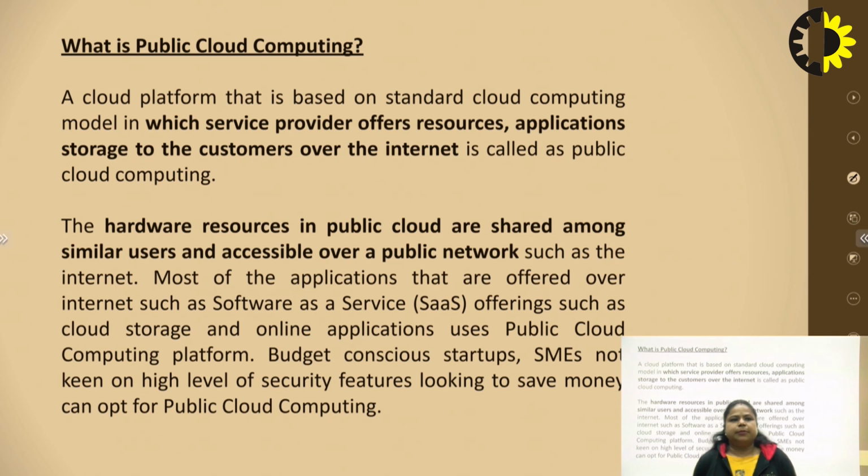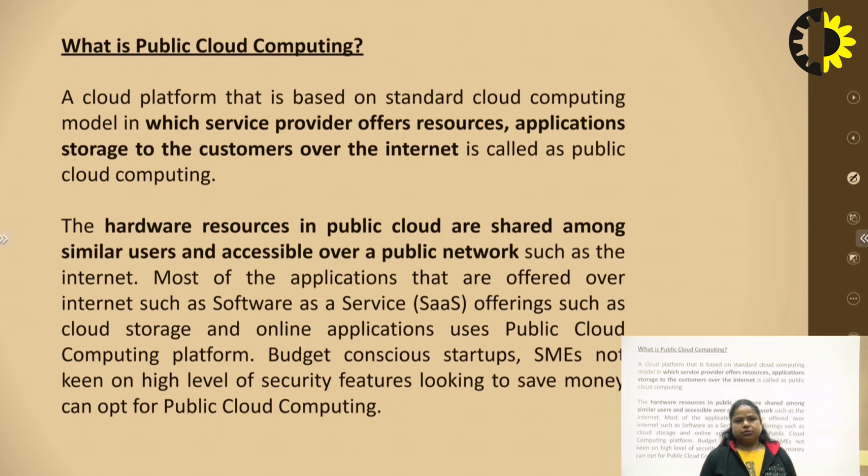As we all are aware of the term public, it can be accessible by any customers over the internet, right? So we can say a cloud platform based on the standard cloud computing model, which offers different services like resources or application storage to the customers over the internet, is called public cloud computing.